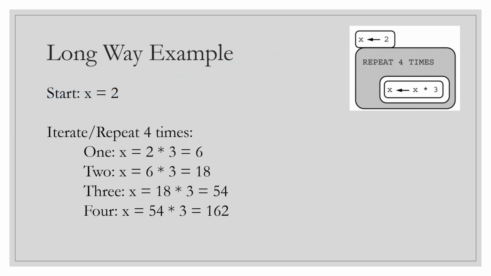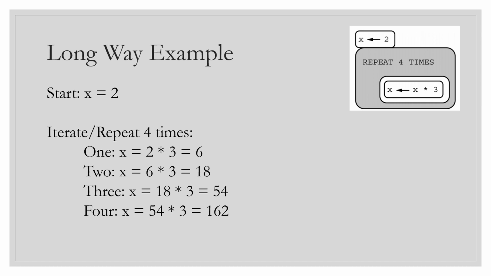Now, for the repeat 4 times, another way of thinking of the repeat 4 times is to iterate. When it comes to programming, specifically Python programming, there are two methods of iterating through a sequence of items, and these items can either be within a list, within a dictionary, or even a simple sequence of numbers in ascending order. It does not matter as long as it is something that Python can iterate through.